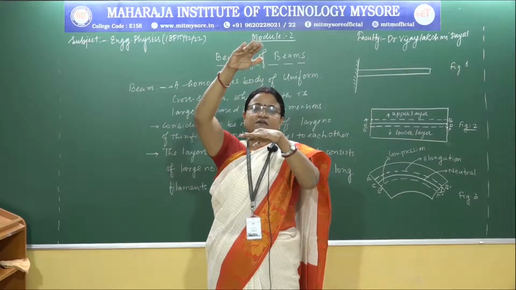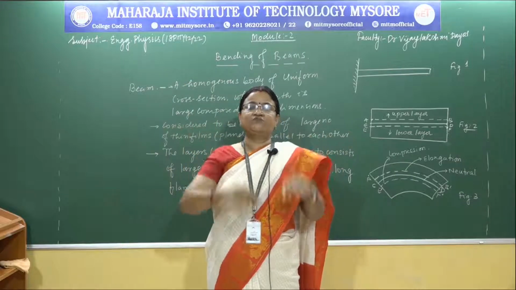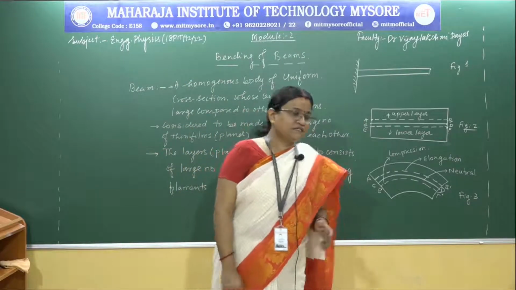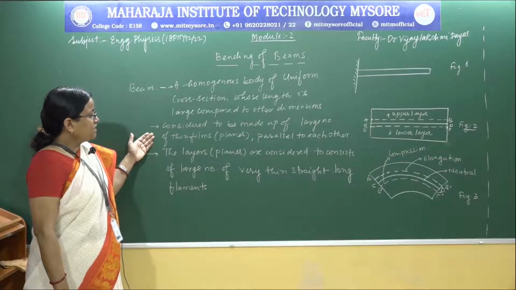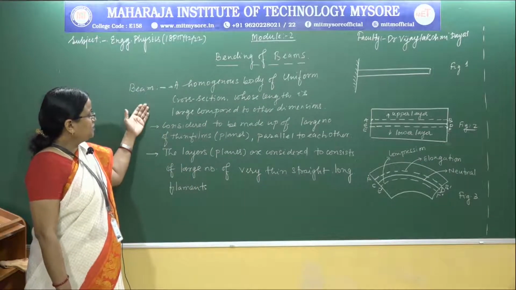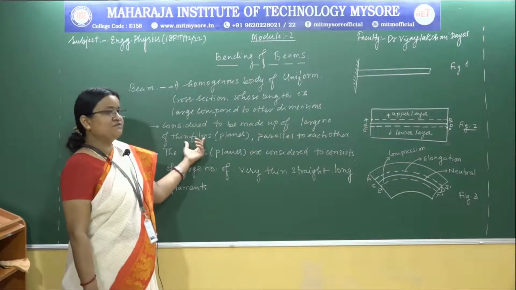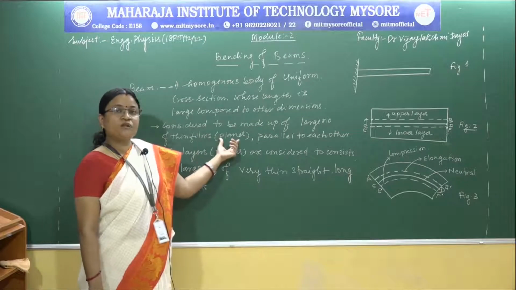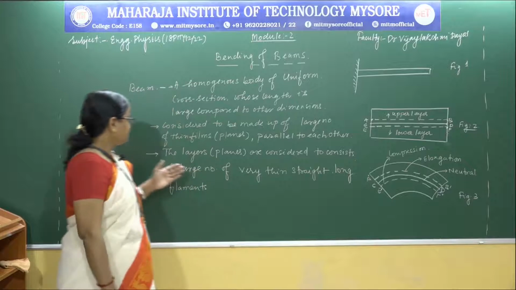So if you consider it as a whole, when the length is large compared to breadth and thickness, it is a beam. The beam is considered to be made up of a large number of thin films or planes which are parallel to each other.